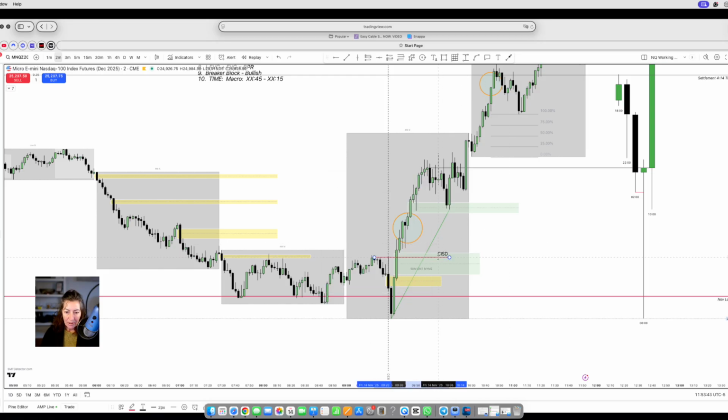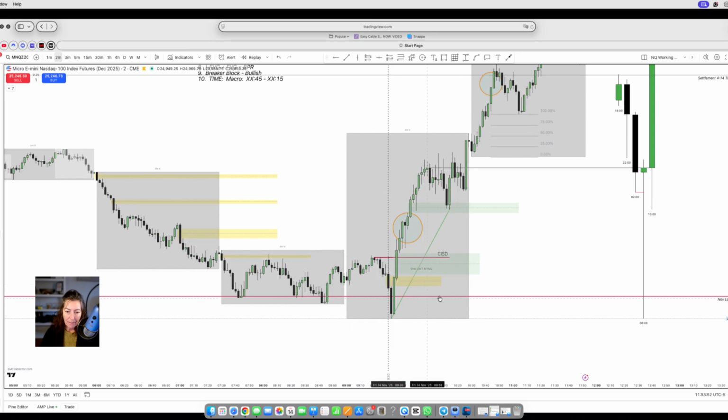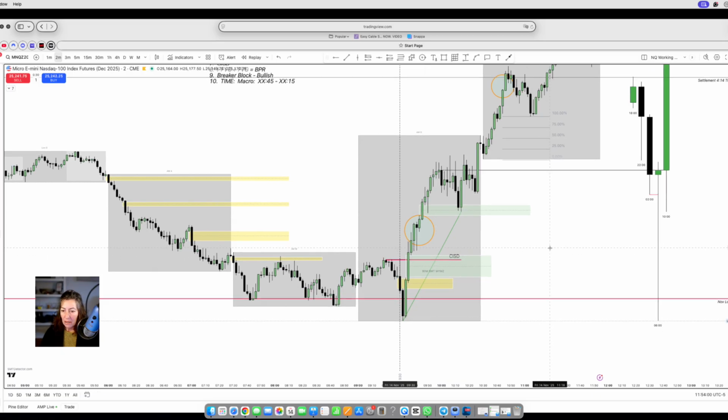Change in the state of delivery right here. Now this is on the 2-minute, but we know that price is fractal. There we go, change in the state of delivery. So I am waiting for displacement to come above change in the state of delivery. Change in the state of delivery is often accompanied by, or is part of, a breaker block.